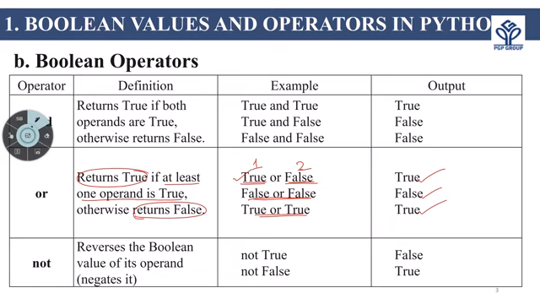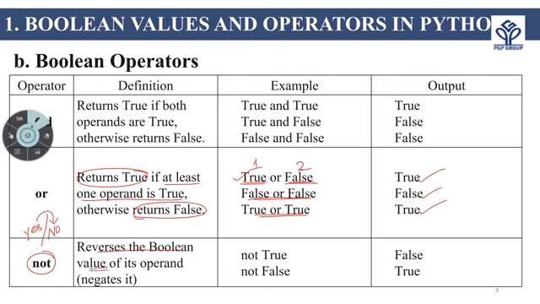Then the third operator is the NOT operator. What is meant by NOT? Negative. Correct? When we use the NOT operator, yes is converted to no. So it reverses the Boolean value.